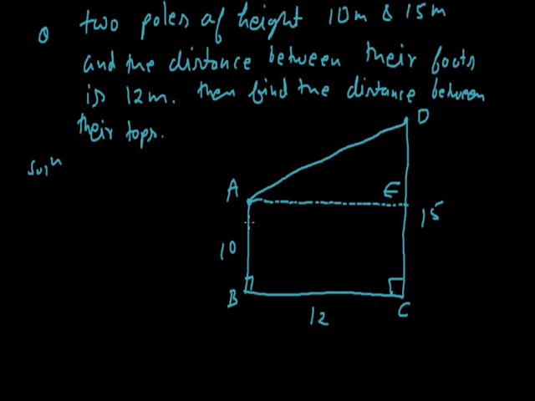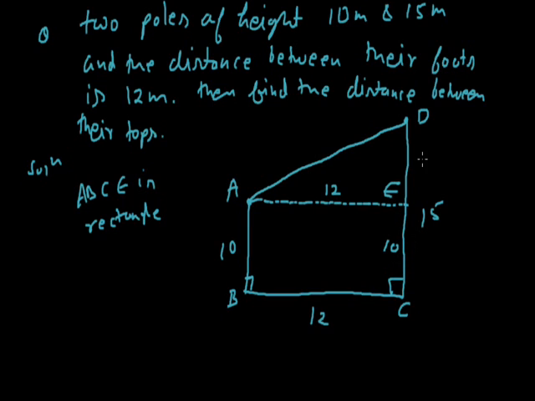Now it is very clear that ABCE is a rectangle. In a rectangle, opposite sides are equal. So this is 10, so the length of EC is also 10. BC is 12, so therefore AE is also 12. Now the length of CD is 15 and the length of CE is 10.